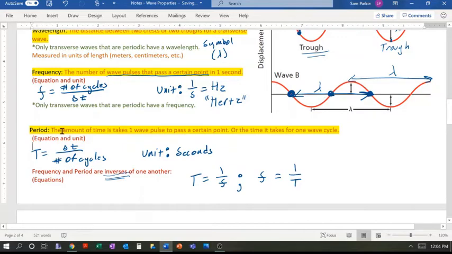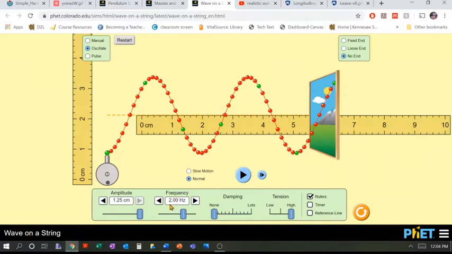Period is how much time it takes for 1 pulse to pass. So if the frequency here is 2 hertz, if 2 pulses pass in a second, then my period is 1/2. If I choose a certain point, a whole wave, from here to here, that's 1 wave, the whole wave will pass this point in 1/2 second if the frequency is 2 hertz.